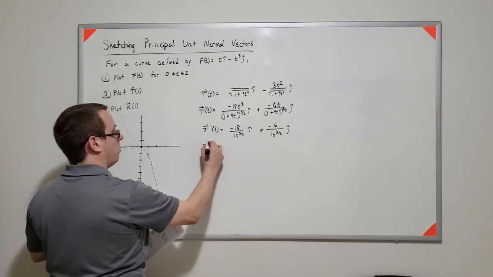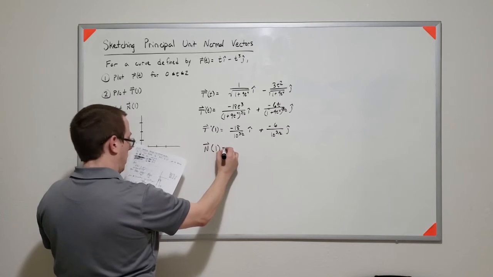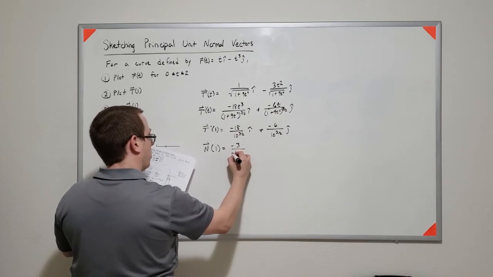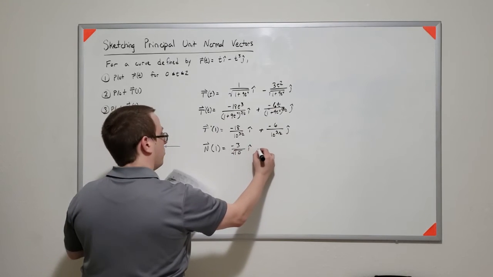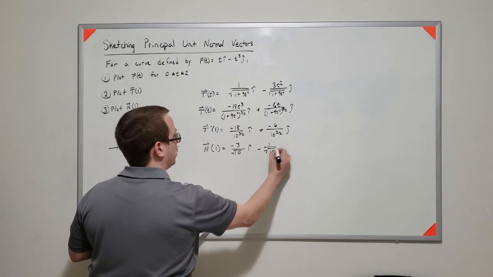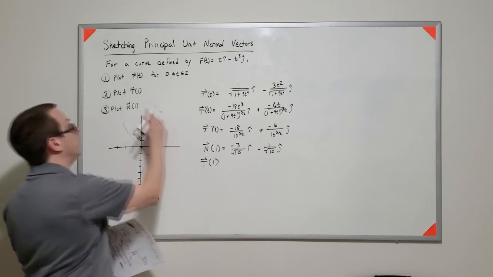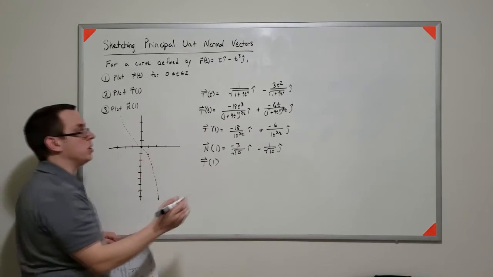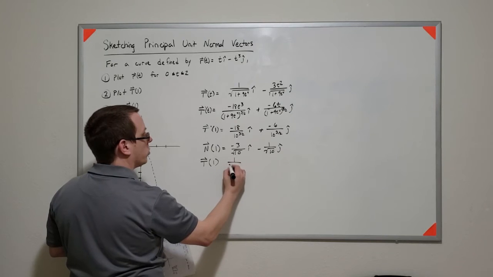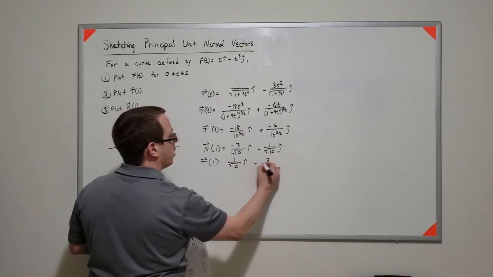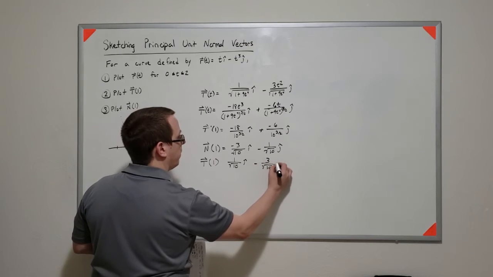Ultimately, we'd end up with N at 1 is negative 3 over square root of 10 i minus 1 over square root of 10 j. And T of 1 comes directly from here, which is 1 over square root of 10 i minus 3 over square root of 10 j.